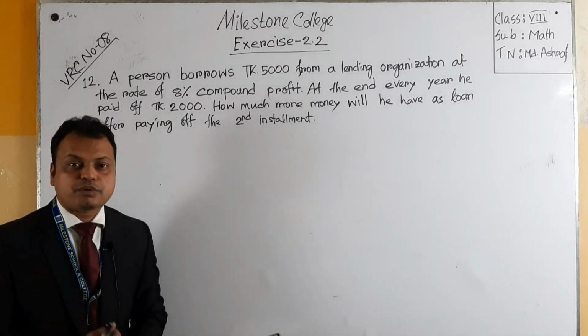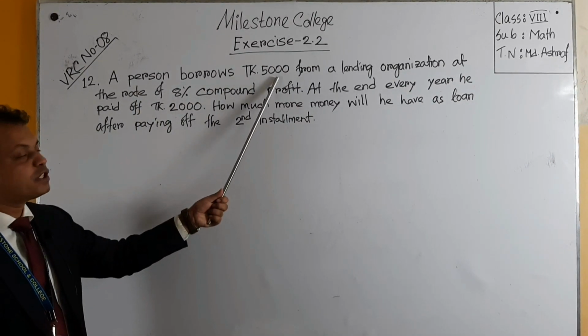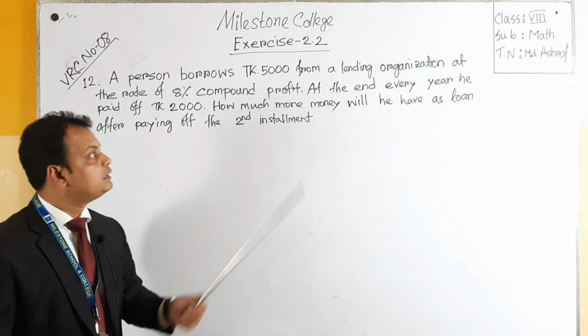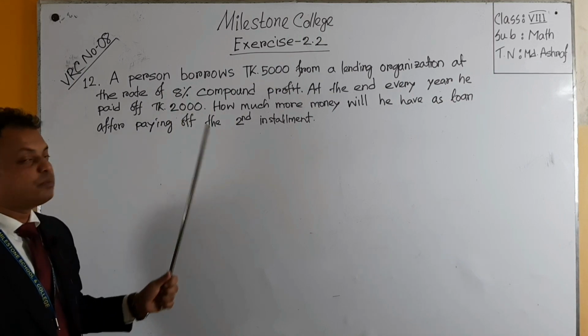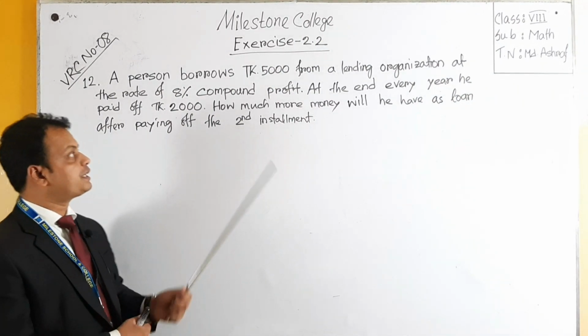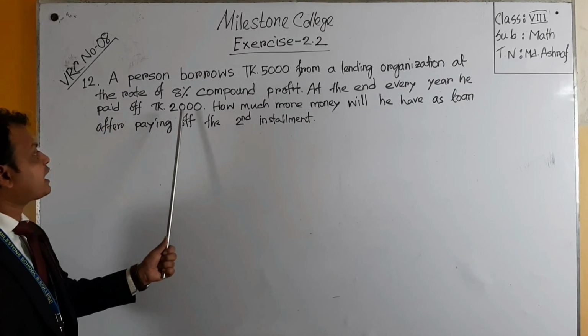So, what have we got from the question? It is given that he borrows taka 5,000. This one will be the principal. Then at the rate of 8% compound profit. Then at the end of every year, he paid off taka 2,000.